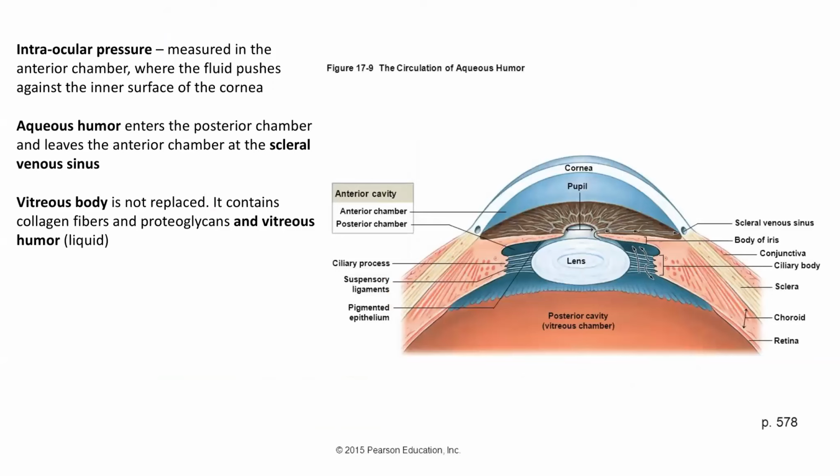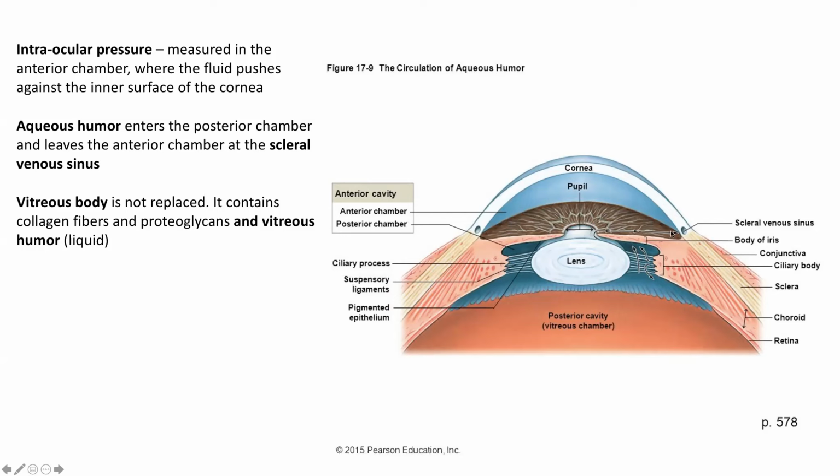So we talked about the anterior chamber and the posterior chamber. Here we see the anterior cavity and posterior cavity, and then that anterior cavity is broken up into chambers. The anterior chamber is in front of the iris and the posterior chamber is behind the iris. The ciliary bodies here help produce the aqueous humor, and you can see the arrows where it goes.